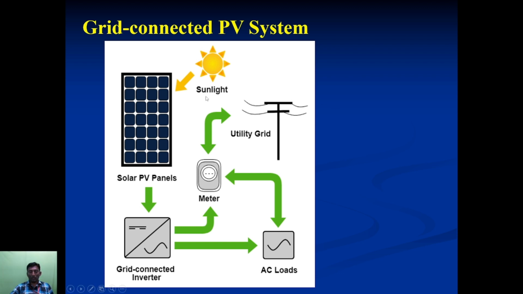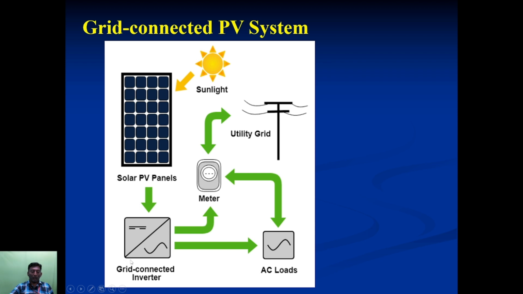Let me discuss. The photons from the sunlight are applied on the solar PV panels. By following the principle we have discussed earlier, this solar panel is going to generate electricity, in the form of DC.